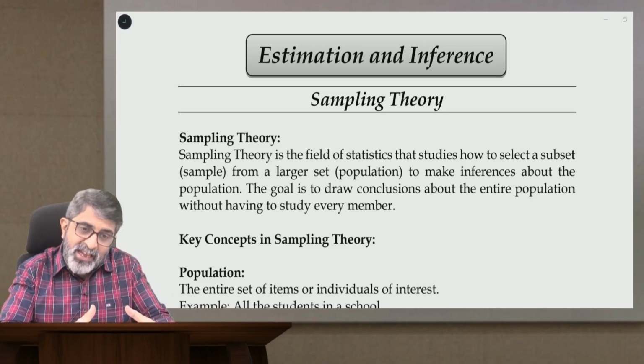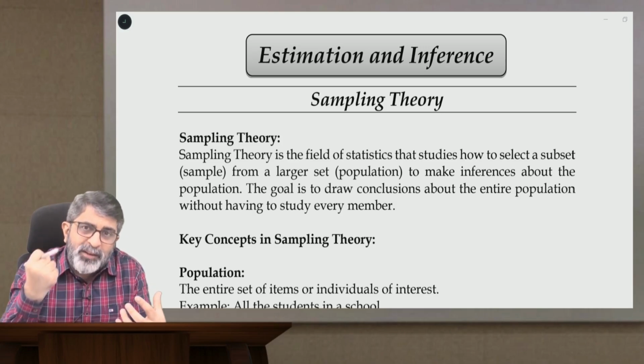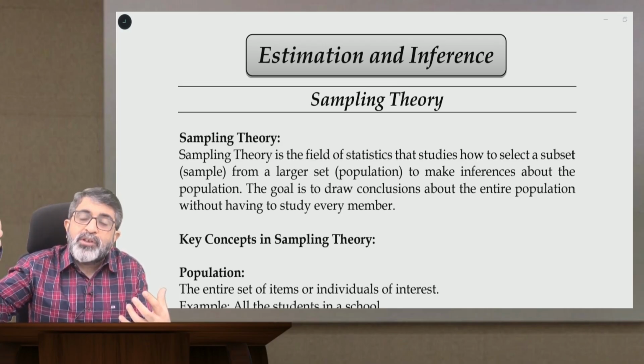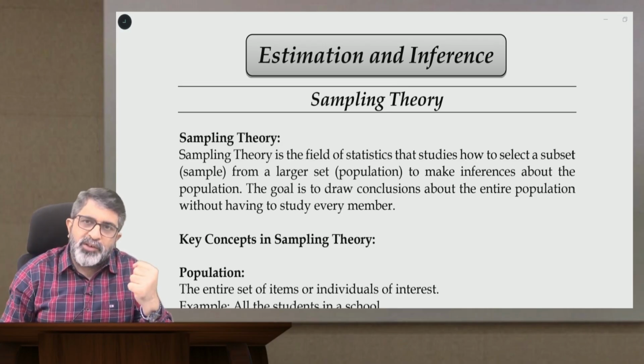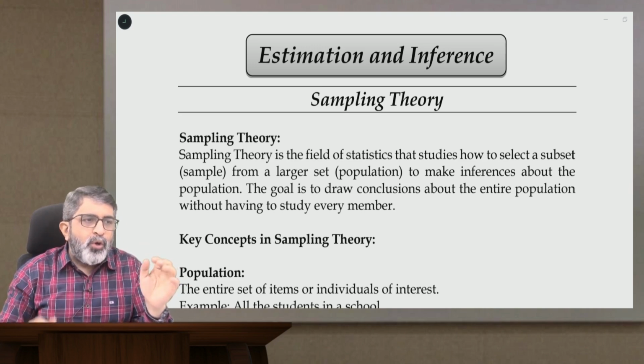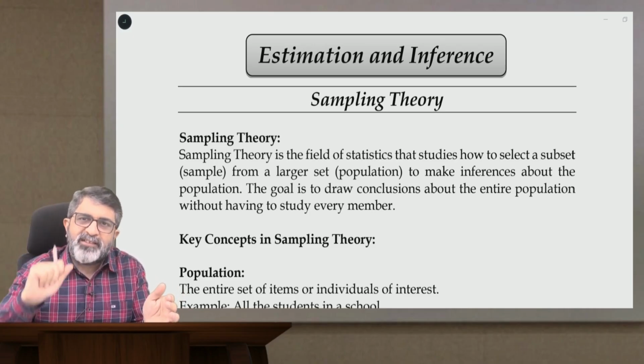So you are gathering the data from the samples that you are studying, but you are drawing estimation and inference about the population. In other words, suppose you have collected a sample of 1000 individuals at a time and you have taken 5 such samples.